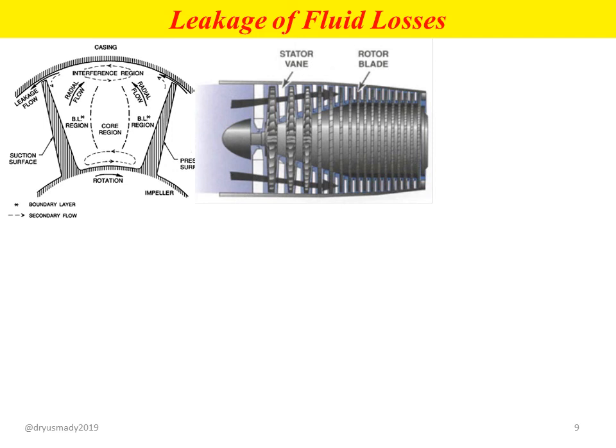Our focus on the second figure is the leakage flow, which refers to the flow that occurs in the region between the blade tips and the inner surface of the casing. So the leakage of fluid losses refers to the losses caused by the leakage flow.